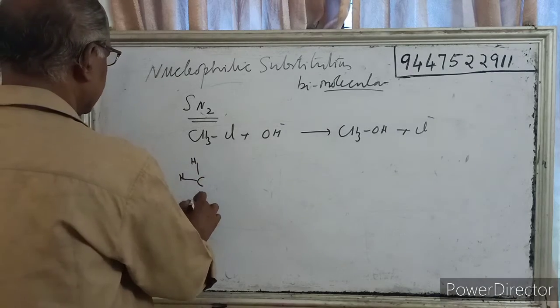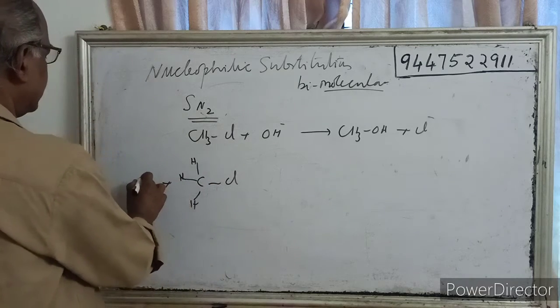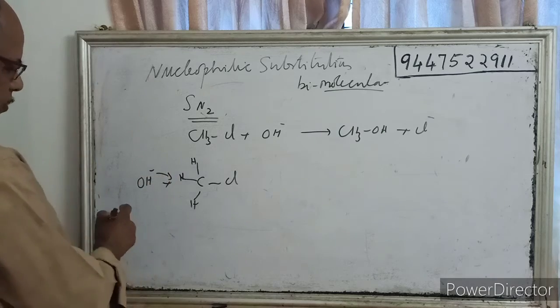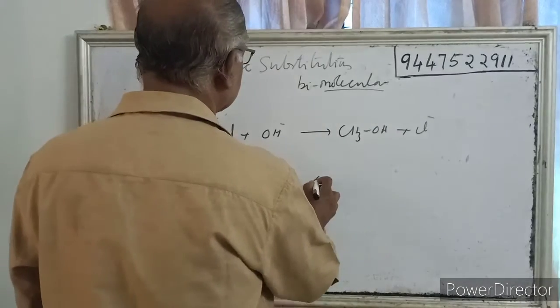Consider this CH3Cl. This molecule will be attacked by the nucleophile from behind. It will attack the carbon atom, and that gives an intermediate product.